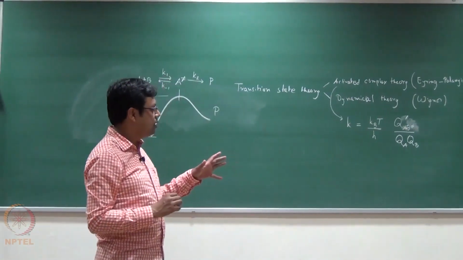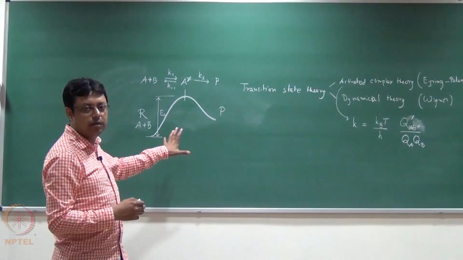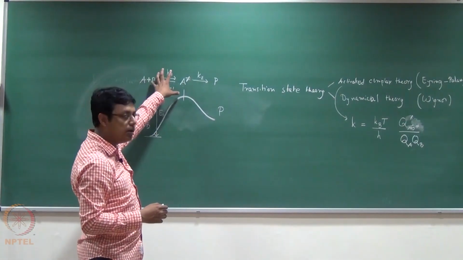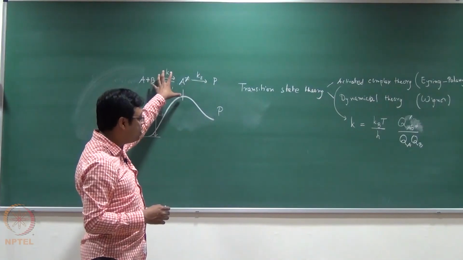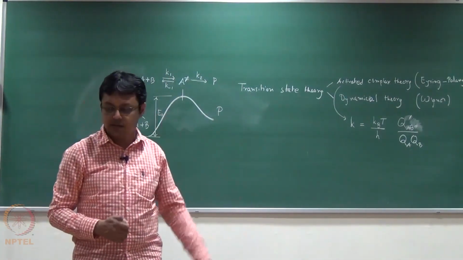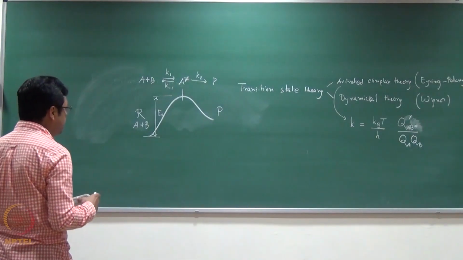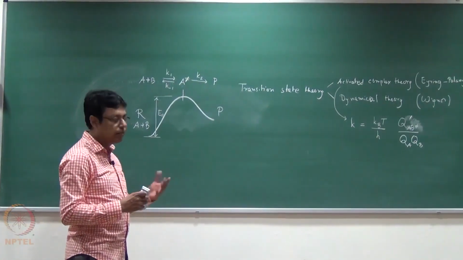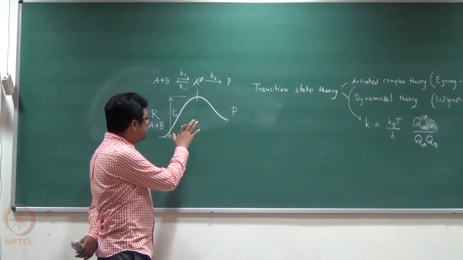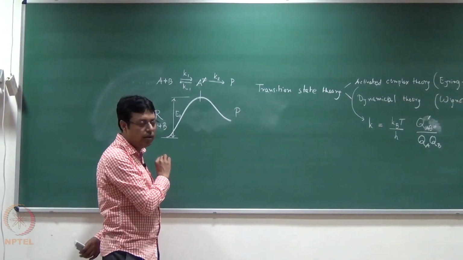Now they said that there is no such dynamics. It is just thermodynamics, in the sense that there is an equilibrium, and all of the equilibrium I am casting into partition functions. Now let us see how Wigner visualized the problem. This is a bimolecular reaction, although I have shown it as a one-dimensional potential energy curve.